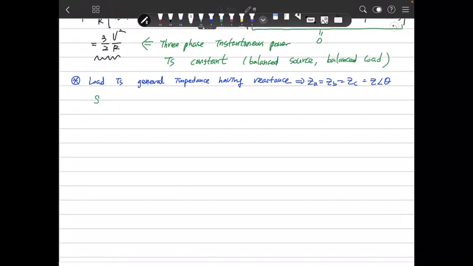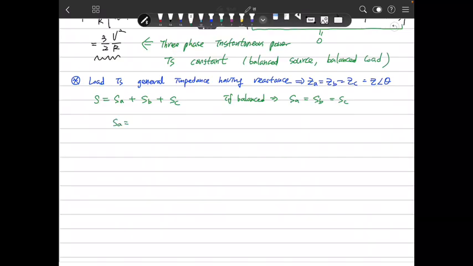Then S, the total complex power, is A phase, B phase, and C phase. So because this is balanced, then SA is the same as SB, and the same as SC.